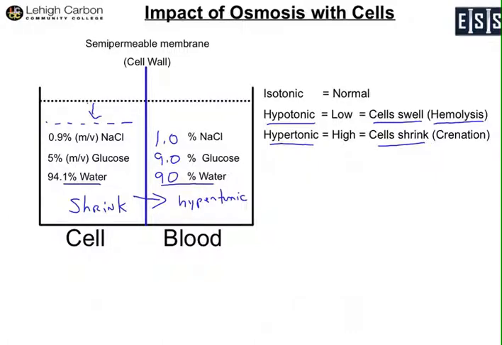The intravenous solution would be the opposite. It would be hypotonic. It'll have low levels of salt and sugar, to then try to balance out these levels in your blood to get yourself back to your normal levels of 0.9 and 5 and everything back into balance.